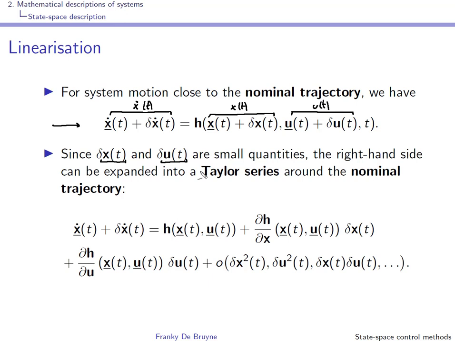So what we can do is write the Taylor series expansion. We take this equation and take the zero order term, that's simply forgetting about the small quantities dx and du, and this corresponds to this term over here, and this is of course equal to x bar dot of t. So this will cancel out with this one.